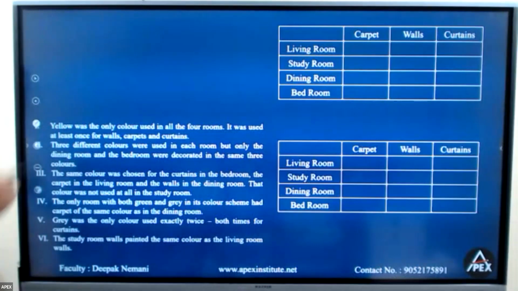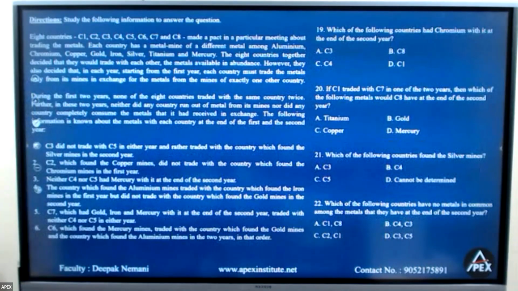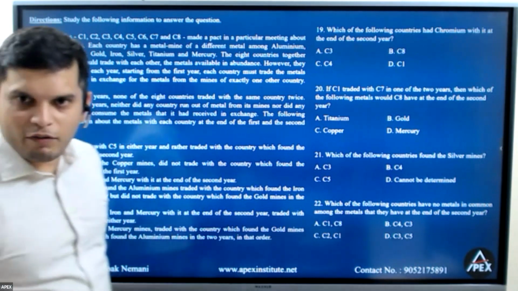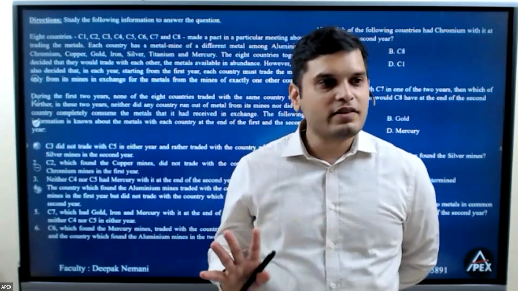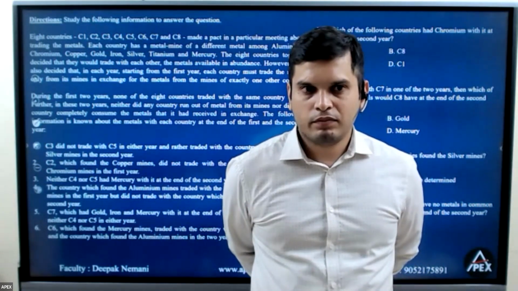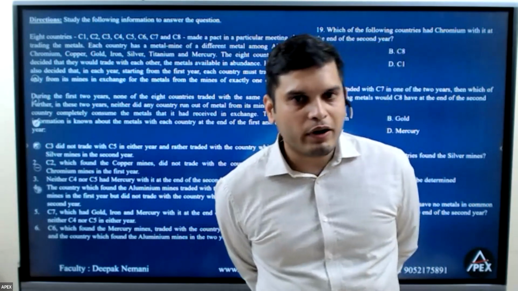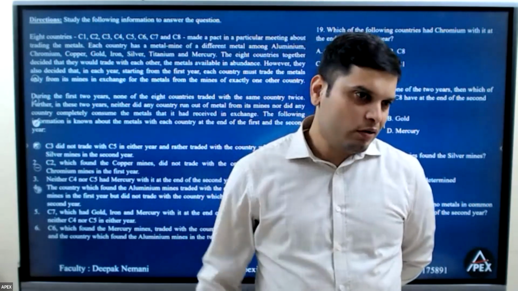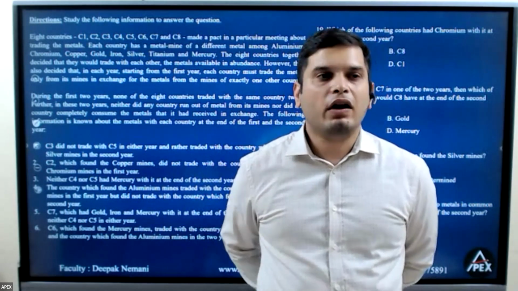Now, coming to this question, how many of you have attempted this? Nice. So if you can leave any one set in this entire paper, it should be this. Even if you are very good at puzzles, you need around 12 to 15 minutes.